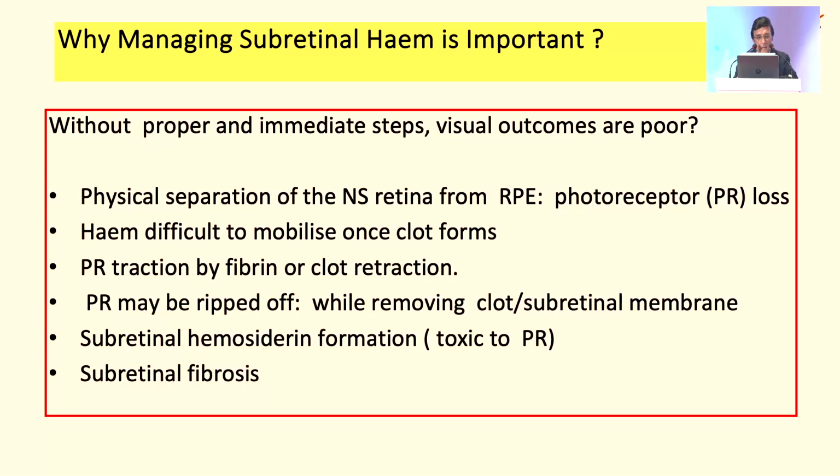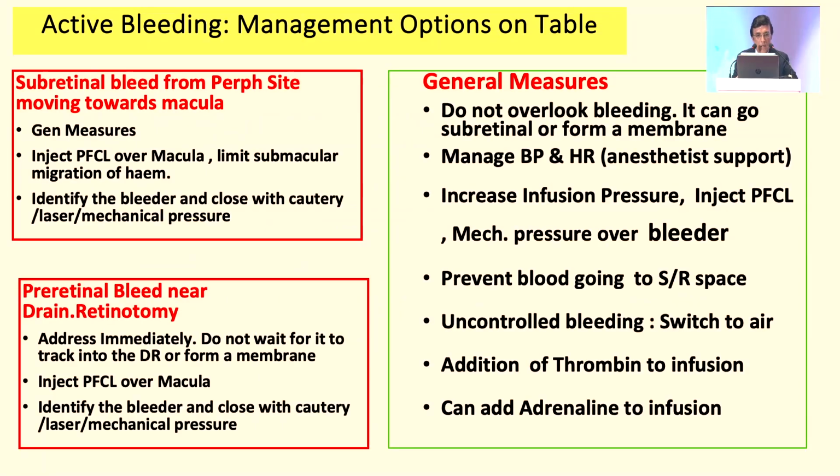And this clot can cause photoreceptor traction, and it can happen later on by clot retraction, or if you are trying to pull the clot off, the photoreceptors may be ripped off while removing the clot, or later on when there is hemosiderin formation, the heme is toxic to the photoreceptors, and then you can have subretinal fibrosis.